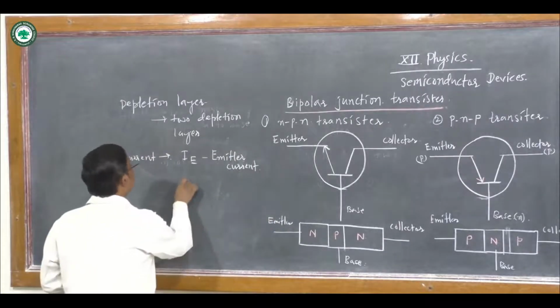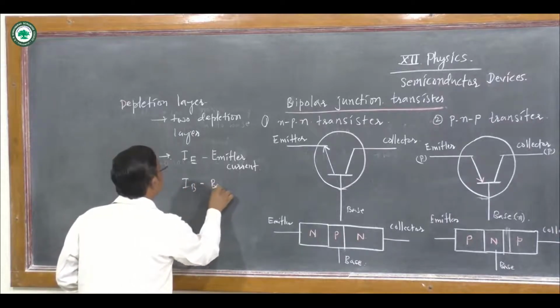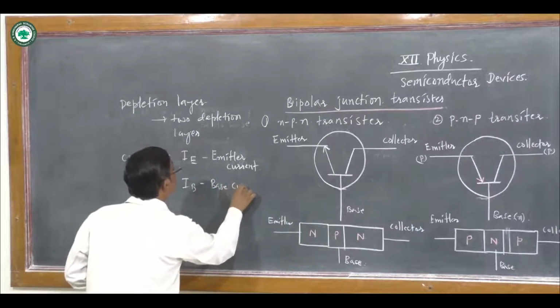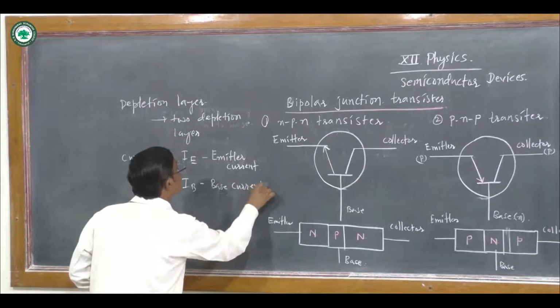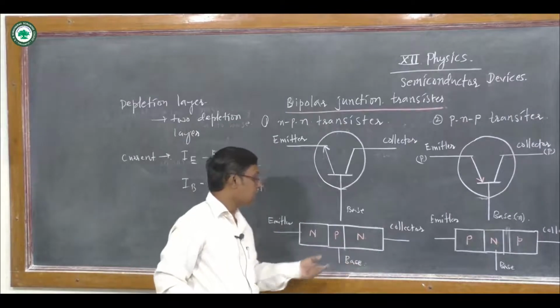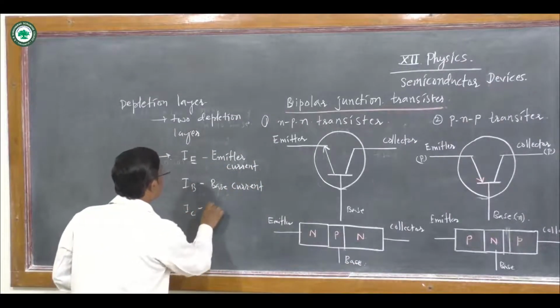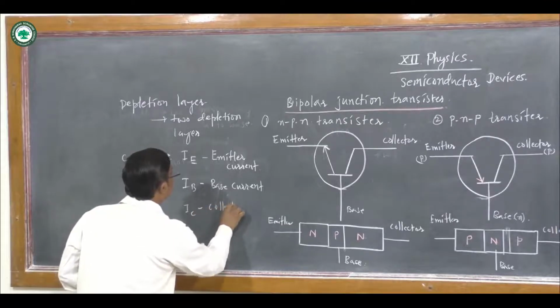The current through the base is called the base current. And the current through the collector and base is called IC. It is denoted by IC.